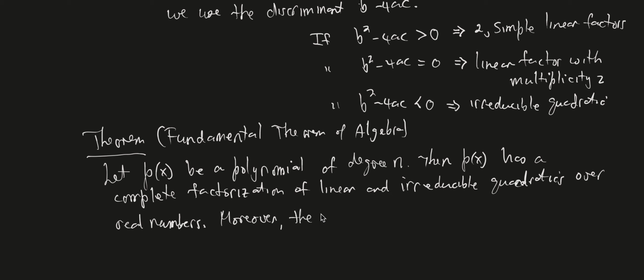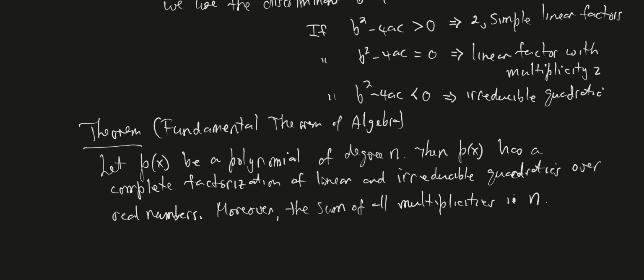So the sum of all multiplicities is n. That's the degree, right?